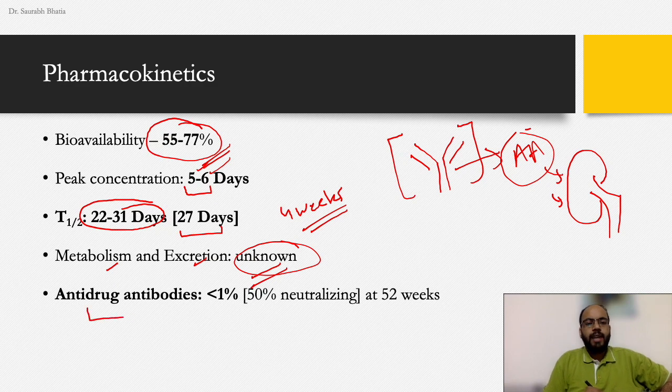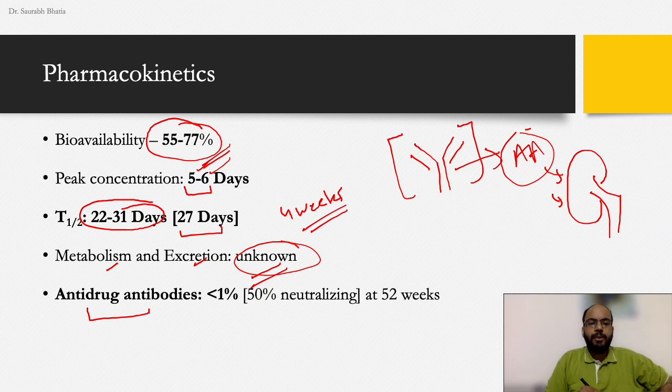Now, anti-drug antibodies. Remember that these are all exogenous proteins which are injected directly into the system. Clear? And whenever an exogenous protein gets injected into the system, it will lead to formation of some antibodies by our immune system, and these are known as anti-drug antibodies.